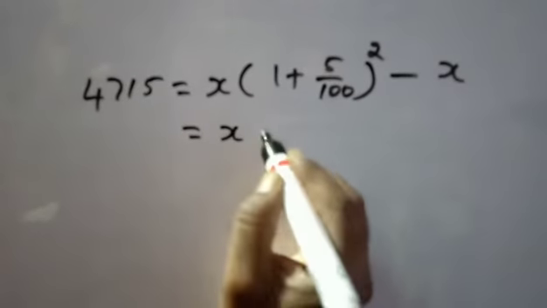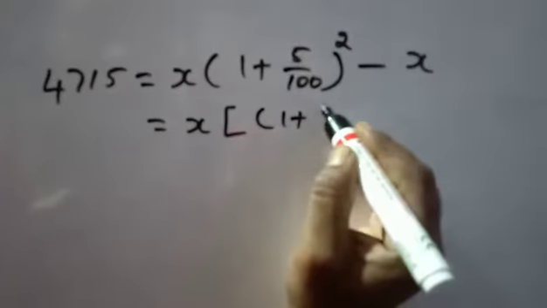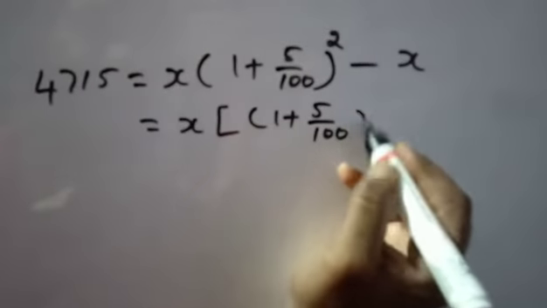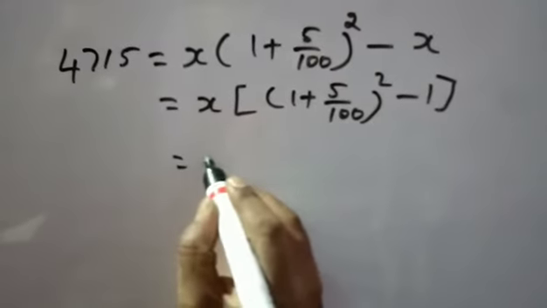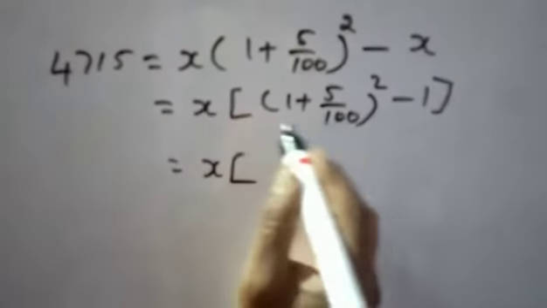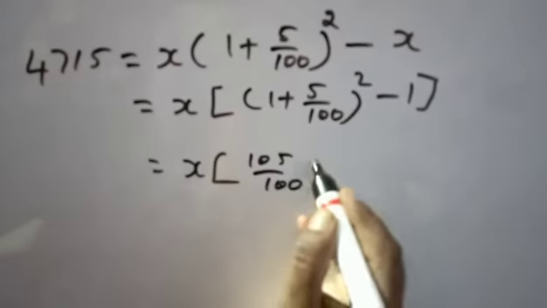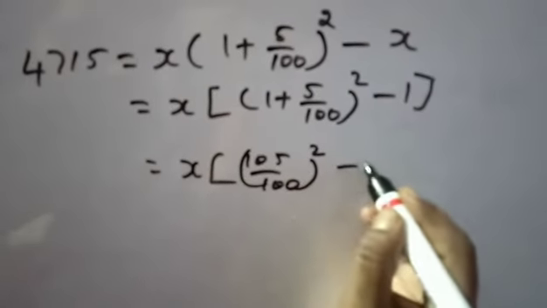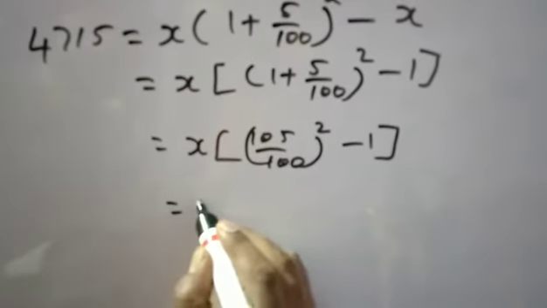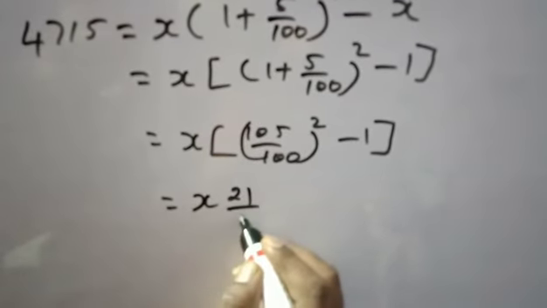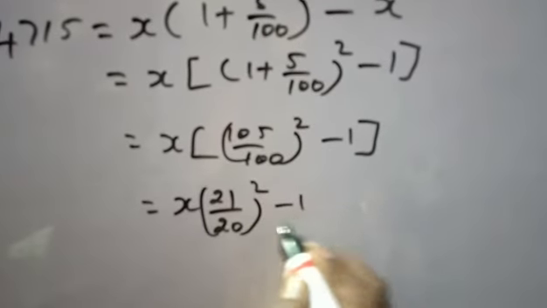We can take x outside. (1 plus 5 by 100) power 2 minus 1 equal to x into, we need to apply LCM. So (105 by 100) power 2 minus 1. So x into (21 by 20) power 2 minus 1.